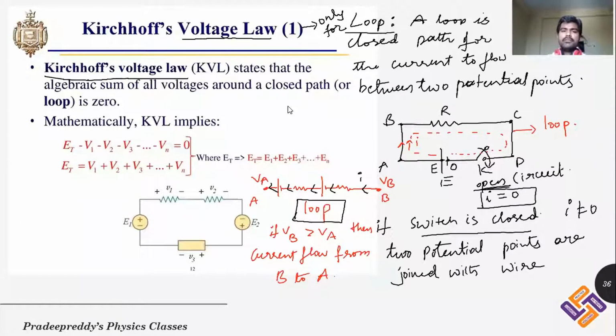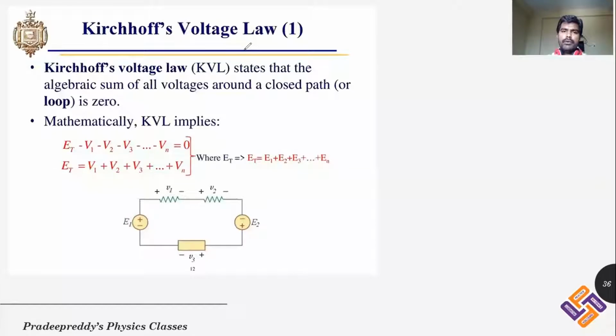What does this Kirchhoff voltage law state? Remember that Kirchhoff voltage law is applicable only at loops. So if there is a closed path for the current to flow, only through those regions can you apply Kirchhoff voltage law.